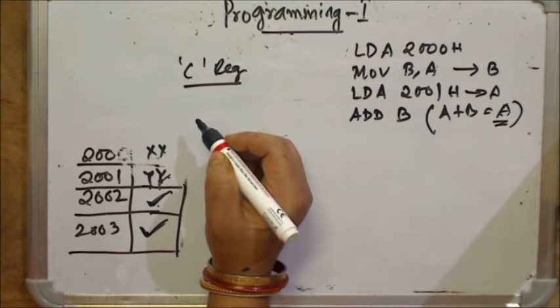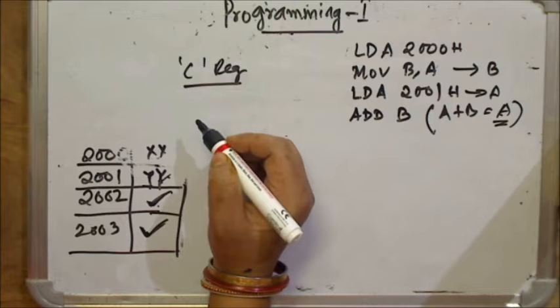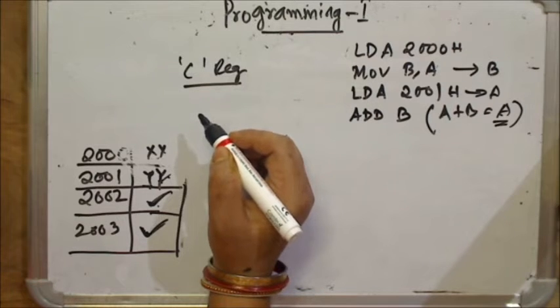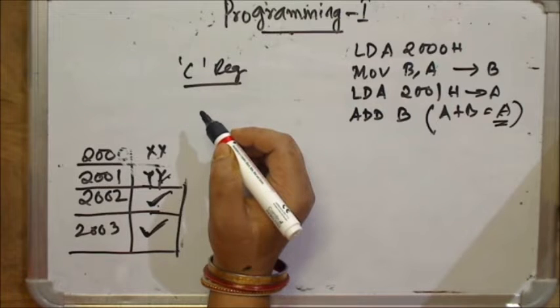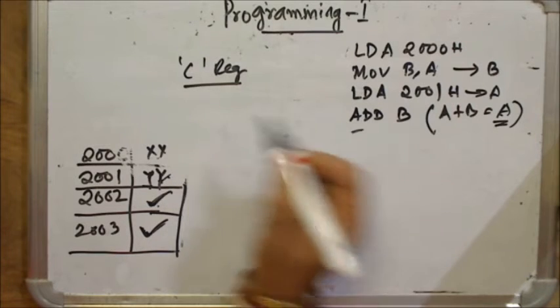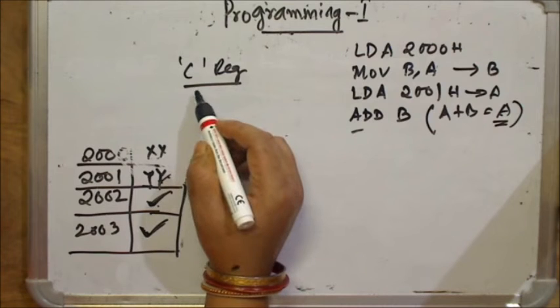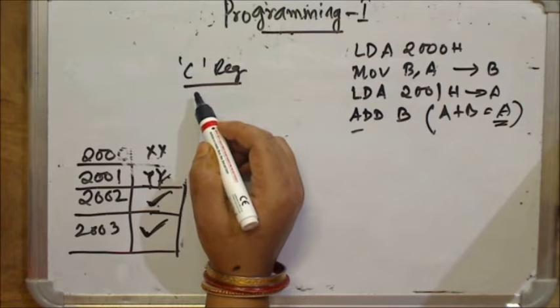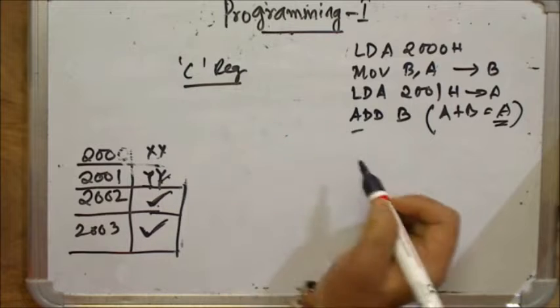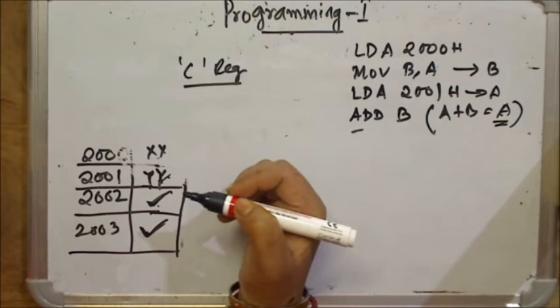We will then transfer the data from A to 2002 and the carry from C to 2003. Up to here it is very clear. The only thing in our mind is how to get the carry into the C register. Then only can we transfer it into 2003.